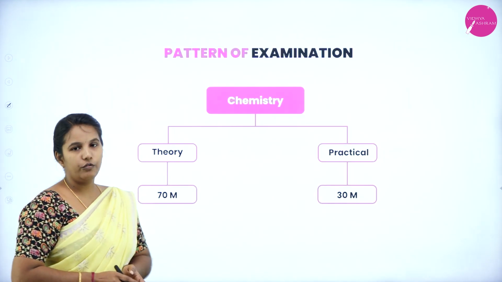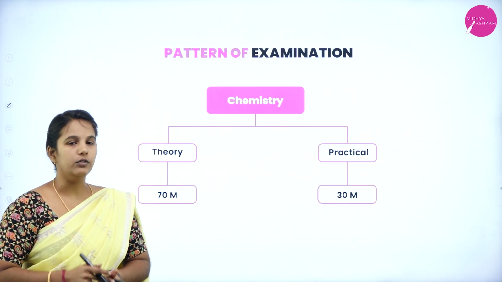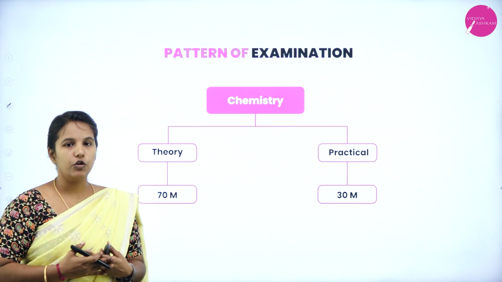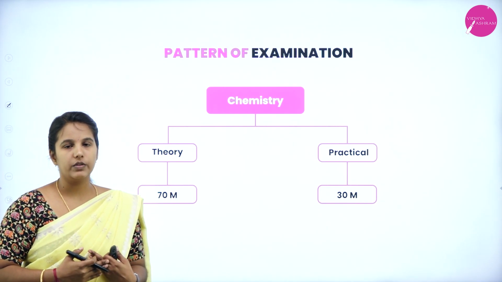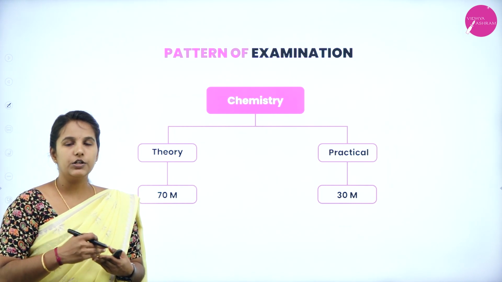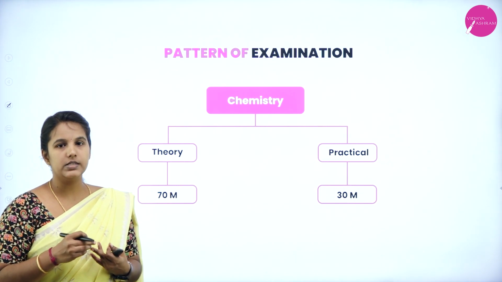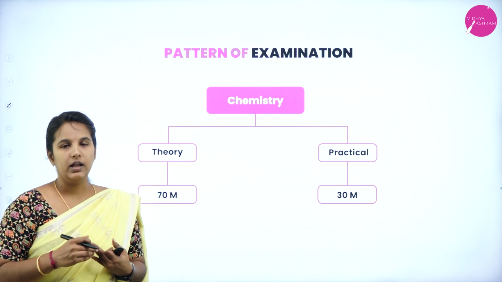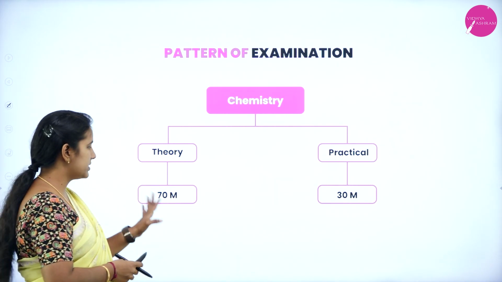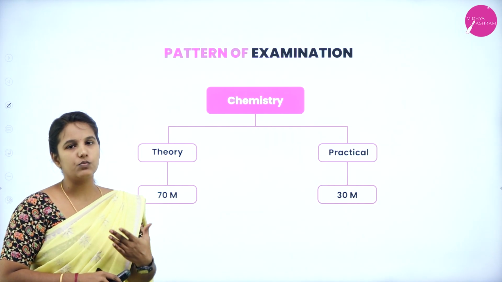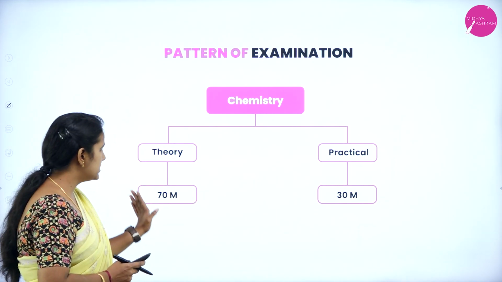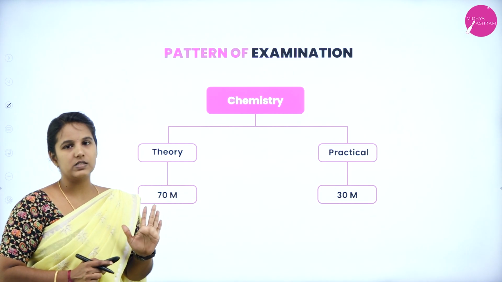Coming to the pattern of examination, it is very important to know the pattern of examinations for those who have taken science in your second PUC. Those who have taken PCMB, in all the subjects, you are going to write the theory for 70 marks and attend the practicals for 30 marks.